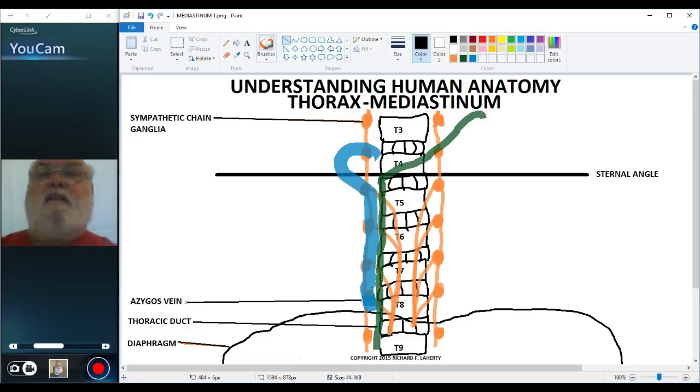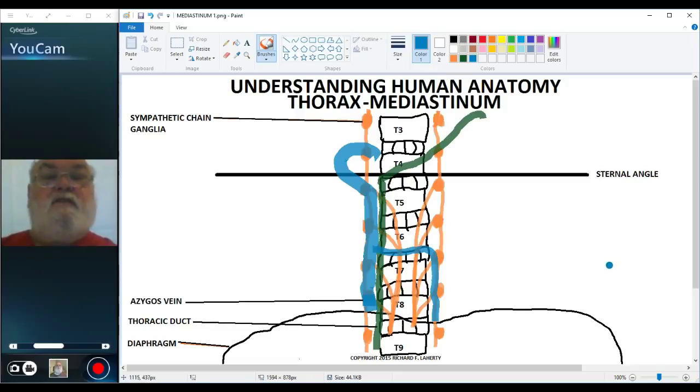The left side gets a little bit more complicated because there are two veins. And they are hemiazygos veins. And we have one starting inferiorly and running up like so. And then it crosses the midline to empty into the azygos.